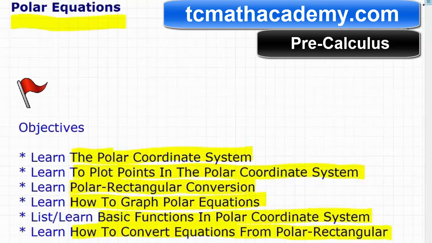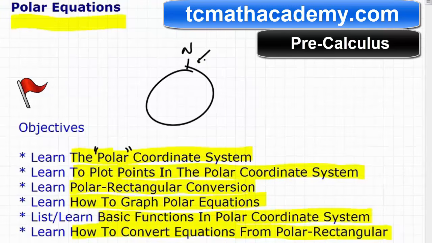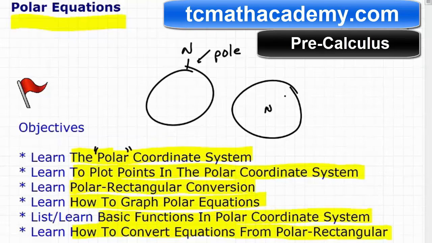All right, so we have this word polar. Let's look at this word real quick before we get into the formal lesson. You might be thinking, here's Earth and here is the North Pole, is that what we're talking about? Well, yeah, kind of. If you were standing directly at the North Pole and wanted to find a location, how would you do that?